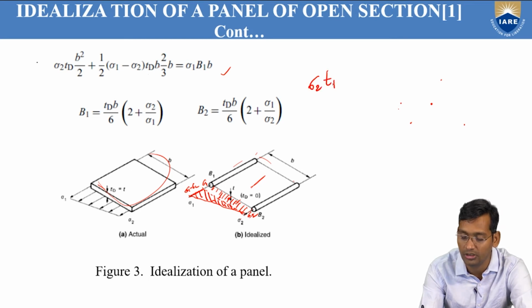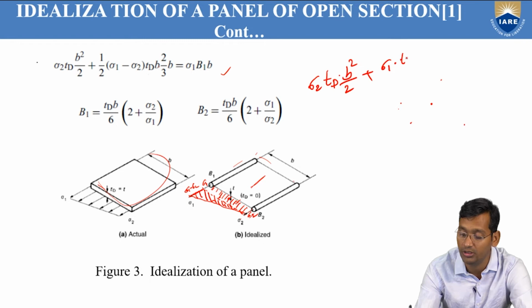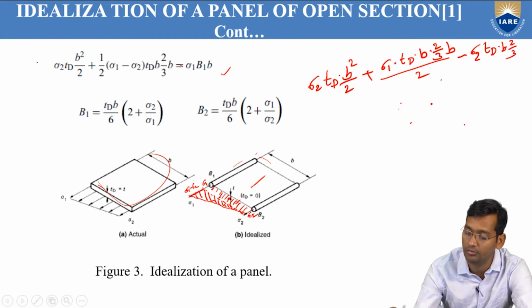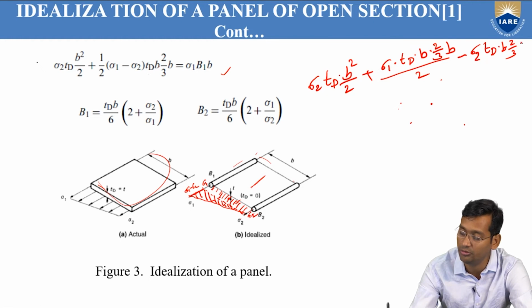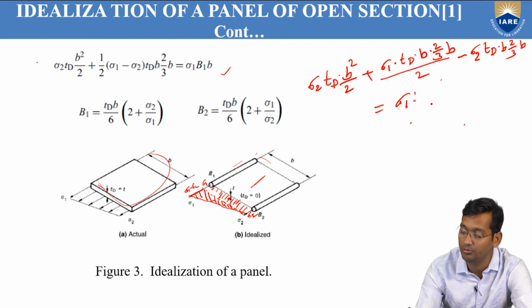Sigma 2 T B into B square by 2, plus sigma 1 into T B into B into 2 by 3 B, I'm just multiplying and opening the bracket, then minus sigma 2 T B into B into 2 by 3 B. So this side is equal to sigma 1 B1 into B.